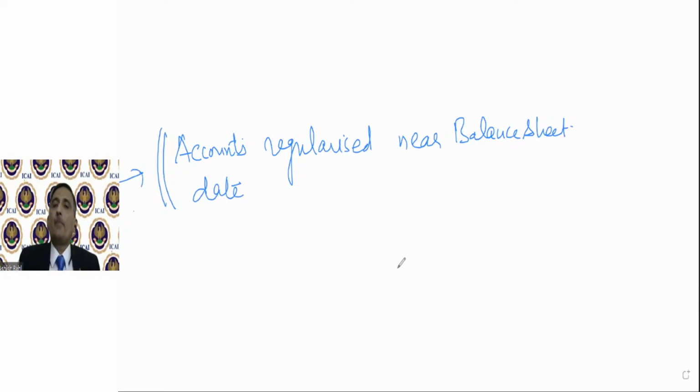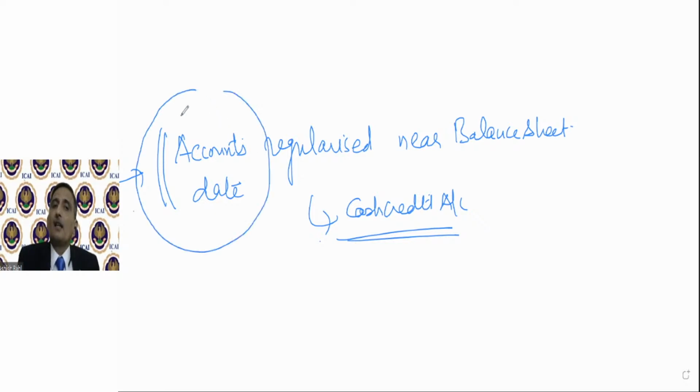It might so happen that some cash credit account is not operating well during major part of the year, but near the balance sheet date it is regularized. सब कुछ ठीक हो जाता है balance sheet date के पास in the month of March.